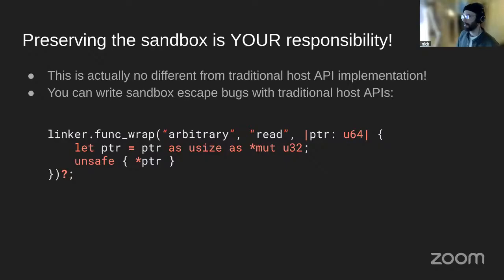You can write sandbox escape bugs with traditional host APIs the same way as if you incorrectly exposed unsafe intrinsics directly to the guest. And so here we have exposing an arbitrary read function, which takes an integer, casts it to a pointer, and then just does a load. Right?